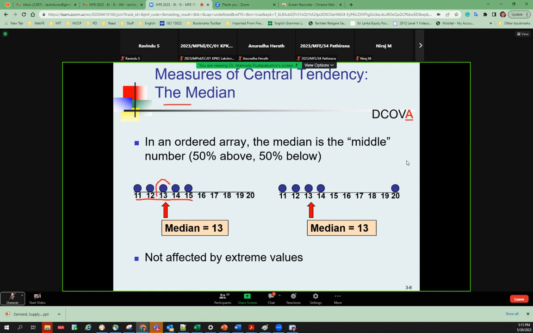Then the middle value we call the median. It is not affected by extreme values. Here the median is 13. Here we have an outlier, but there is no impact of this outlier on the median. The advantage of the median compared to the mean is that it is not affected by extreme values.